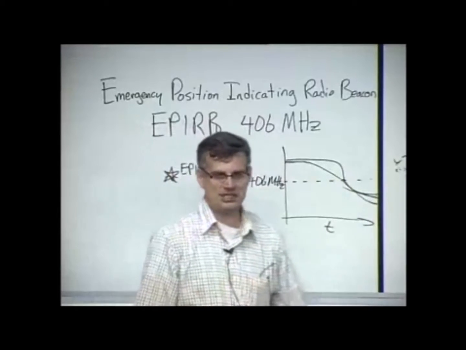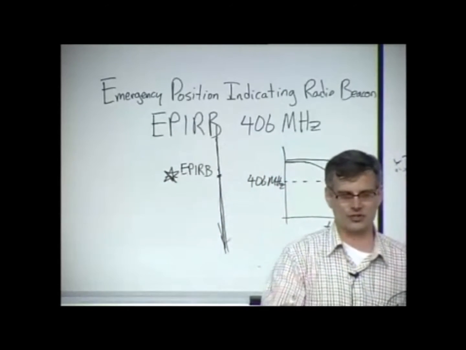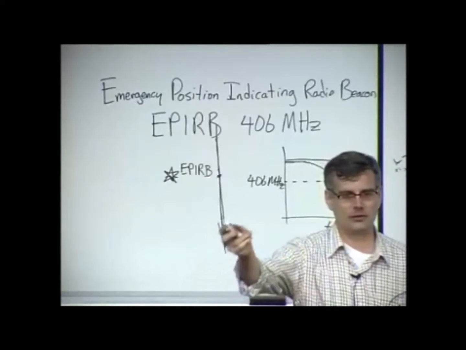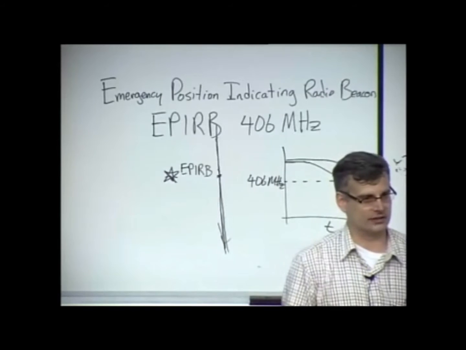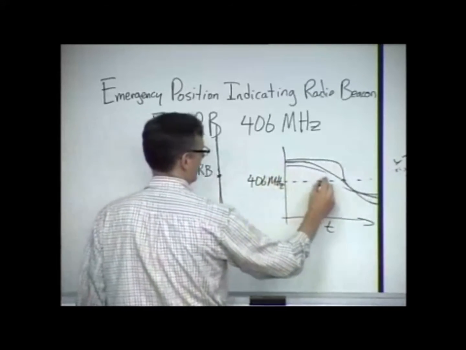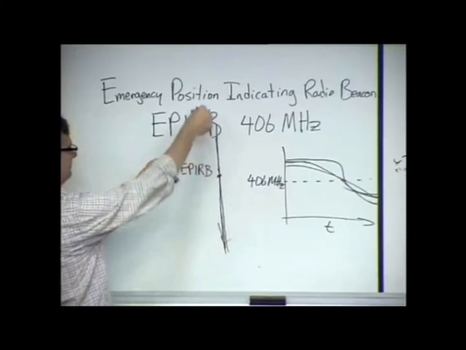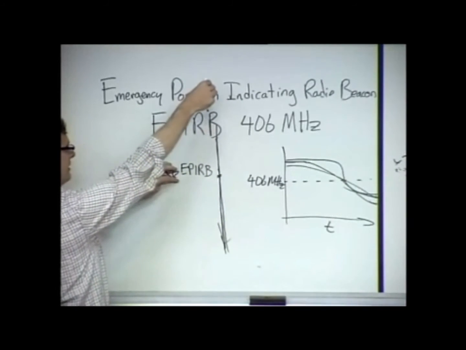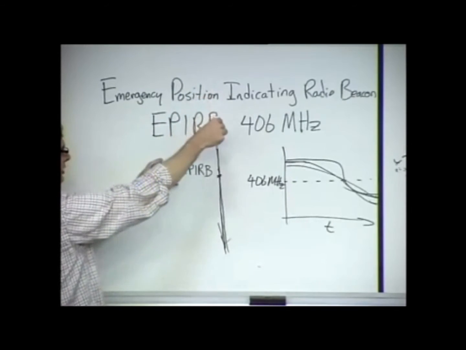If you had the cheap seats, and you were way back in the back row looking through binoculars, you would just hear a gradual change. These are the kind of seats I always buy at a sporting event. And in that case, you'd see a much more gradual change. Why? Well, remember, I've got an EPIRB here. I've got a satellite that's up in the air, 700 or so kilometers, 800 or so kilometers, running by like this.